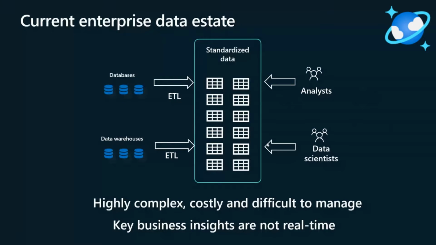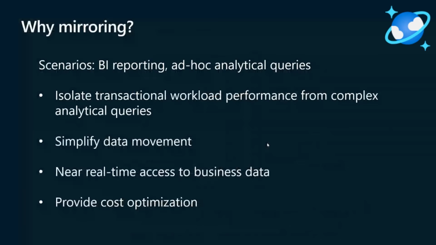So we want to address these challenges with mirroring. First, we want to isolate transactional workloads from the performance impact of the complex analytical queries. Sum, count, max, these complex functions tend to impact the performance in a way that OLTP workloads can slow down if they're run directly against databases.